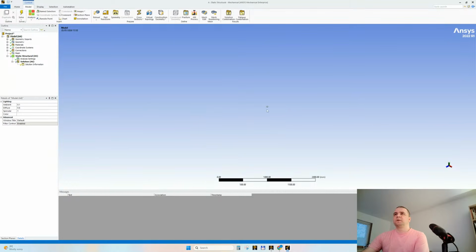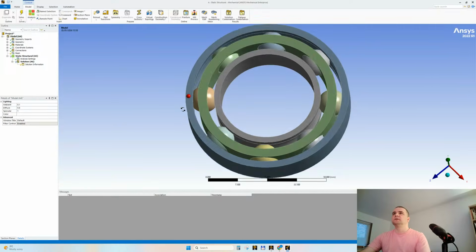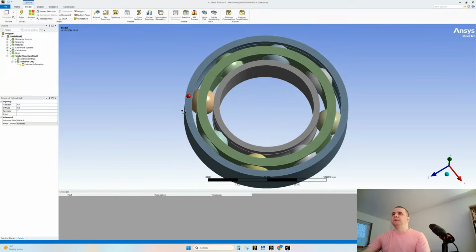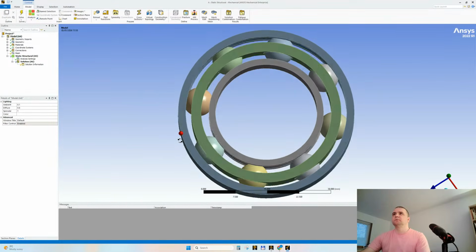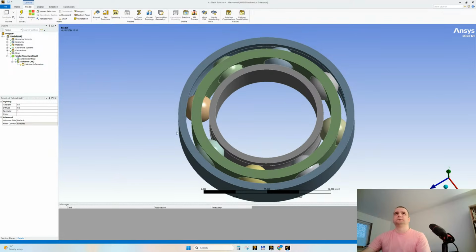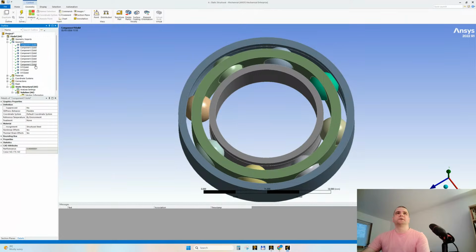Remember, for a quick zoom extents, click F7. This is our bearing. Very nice ball bearing. Geometry, material, structure, steel, we don't care at this moment.